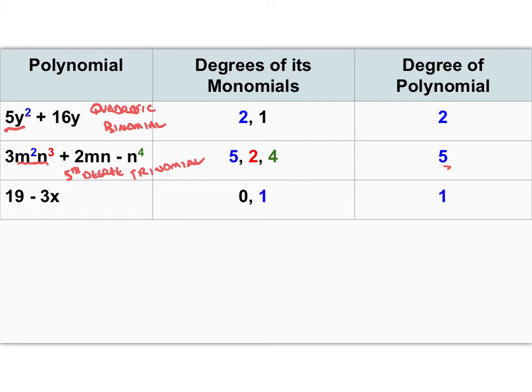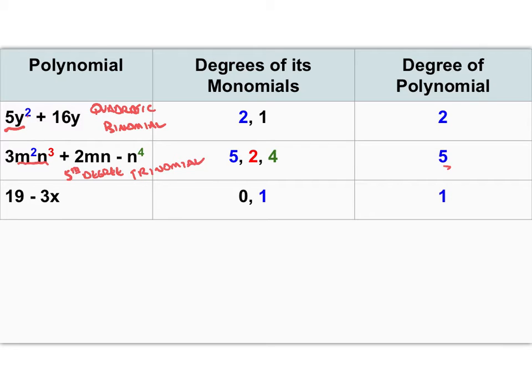A lot of teachers probably won't even worry about the degree. They'll just say your m squared n cubed has the highest amount of exponents. So you just put that first as your leading term to write it in standard form.